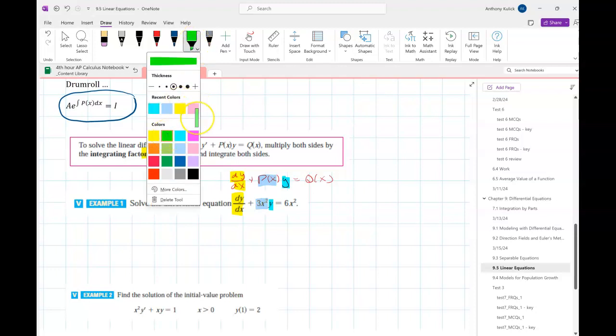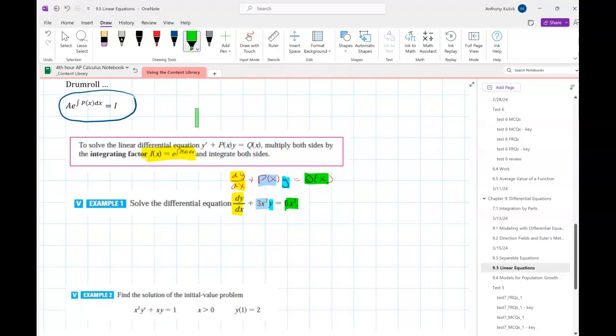And then I have my q of x. Everybody feel good? We're in the correct form? Yeah. So I'm then going to compute my I of x, which is always e to the integral of p of x dx. What is the antiderivative of 3x squared? X cubed.